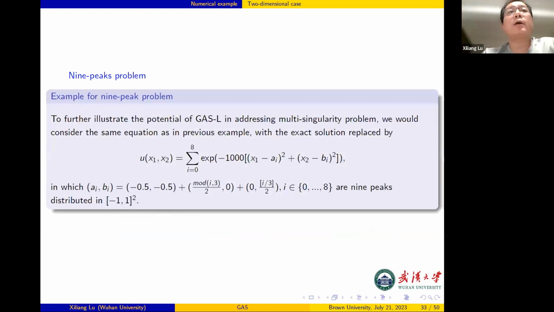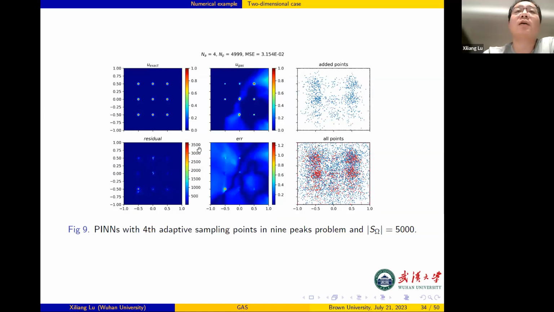All right. Now we consider a more complicated problem with 9 peaks. So 9 peaks looks like that. We have 9 singularities, and it's all similar after the 4 iterations. After 4 iterations, we add points like that, concentrated on these 9 points.